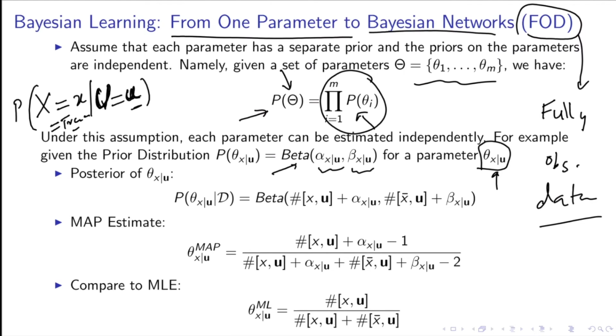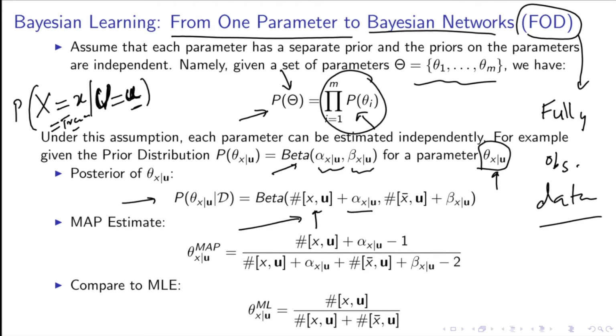Given data, consider the posterior over theta of x given u. If you remember the results of our one parameter estimation case, if the prior is a beta distribution, then the posterior will also be a beta distribution. In this case, the posterior is also a beta distribution, except that the beta distribution is now defined over alpha of x given u, which was the prior parameter, plus the counts from the data.